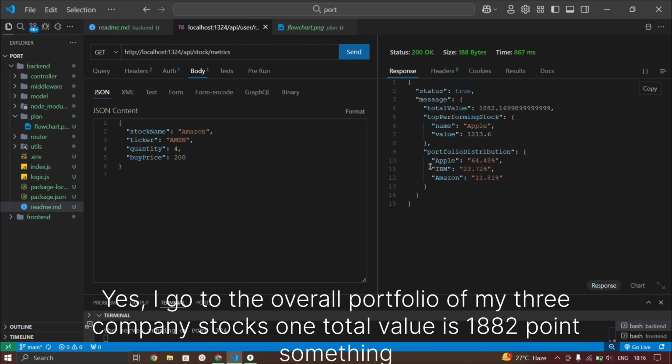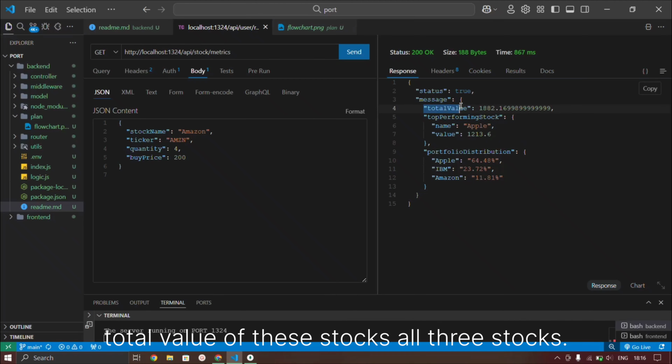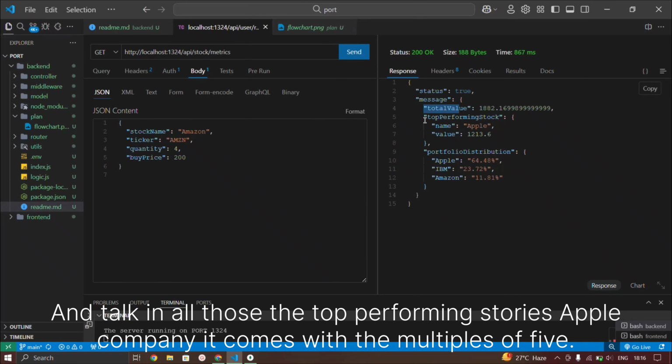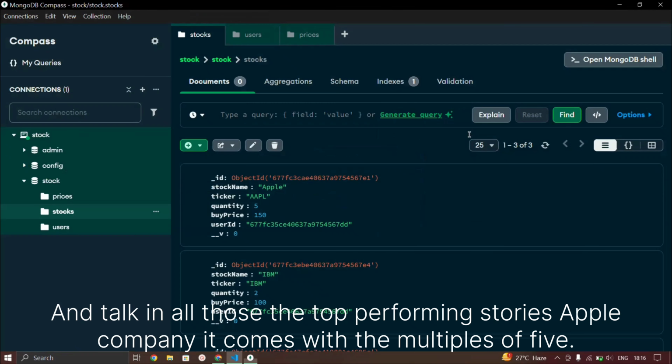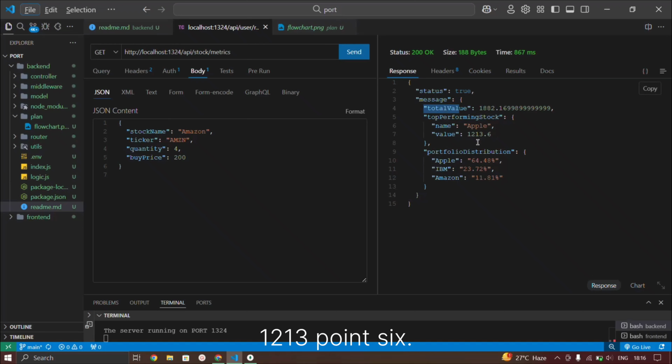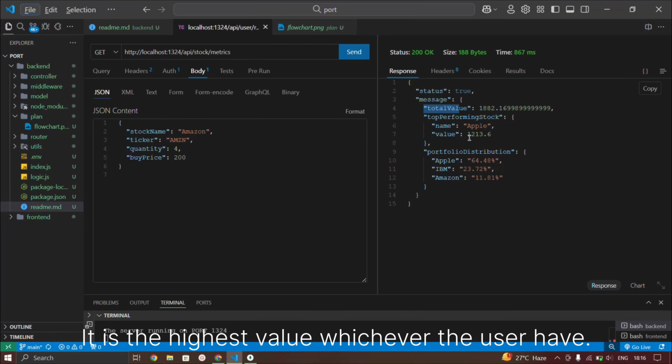Yes, I got the overall portfolio of my three company stocks. The total value of all three stocks is 1,882 point something, and the top performing stock is Apple company, with 1213.6, the highest value the user has.